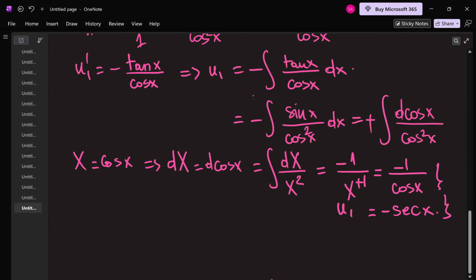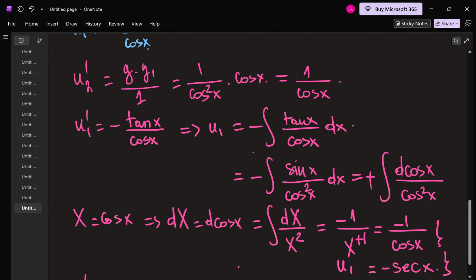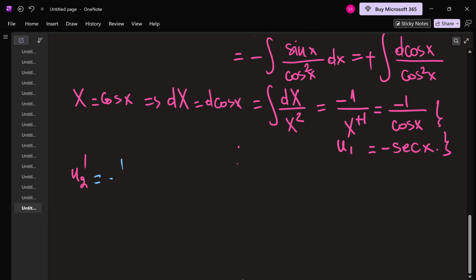Now we have u2 prime, let me change the color. u2 prime is equal to what? 1 over x. So u2 prime is equal to 1 over x times 1 over cosine x.